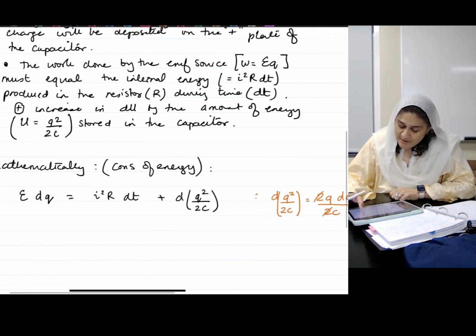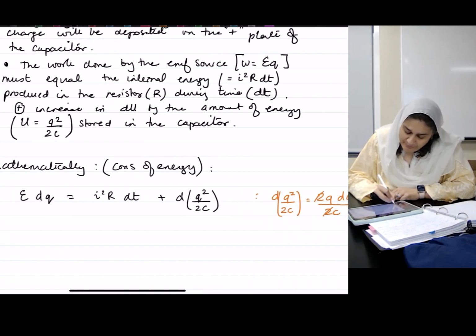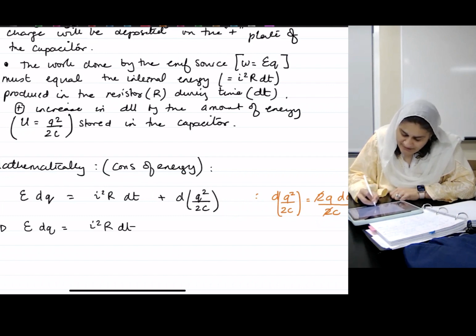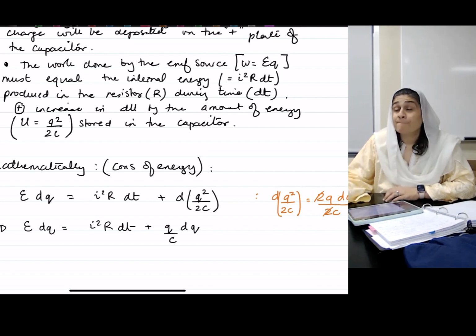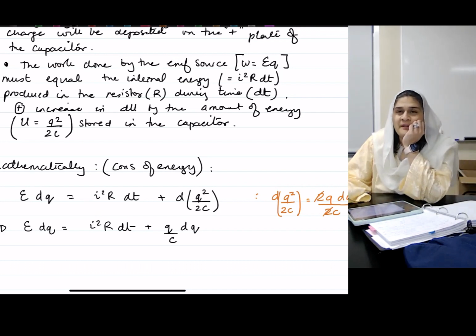So then this equation, may I rewrite this as E dq equals I squared R dt plus q dq over c. So far with me?